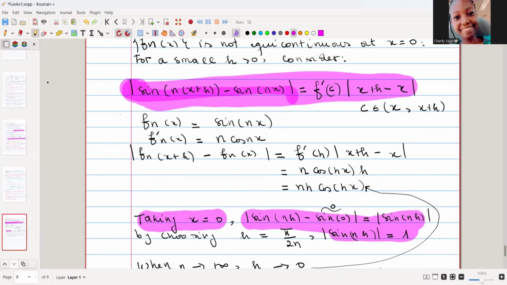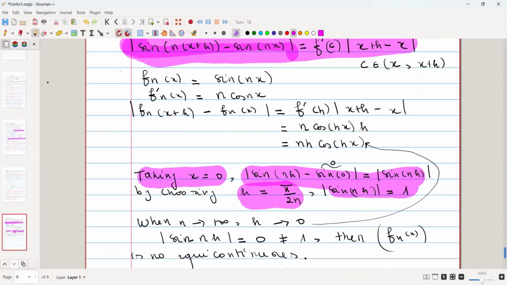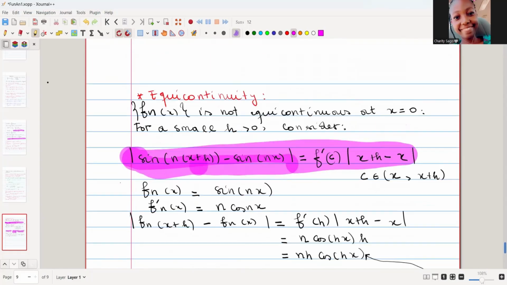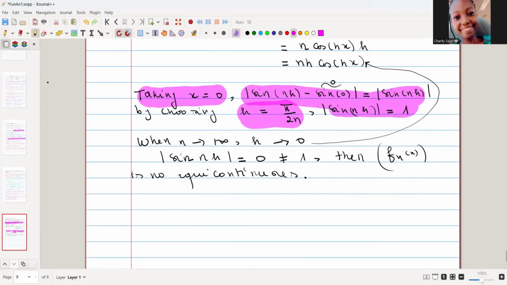And also, if you choose a particular value of h, you are going to have 1. You notice that when n tends to plus infinity, h tends to 0. And when h tends to 0, you replace again back here, but you are going to notice that we have 0 instead of 1. So it means that our function is not equicontinuous at 0. And if it's not equicontinuous at 0, it means that even in the whole domain, it's not equicontinuous.